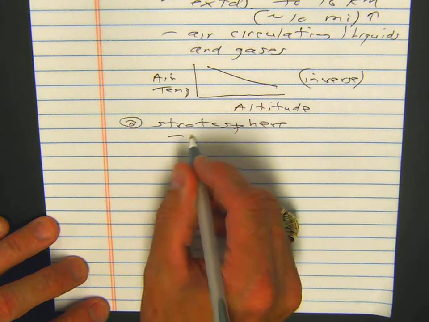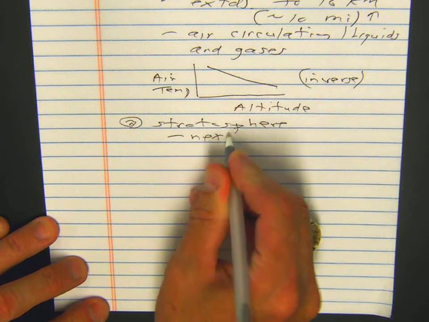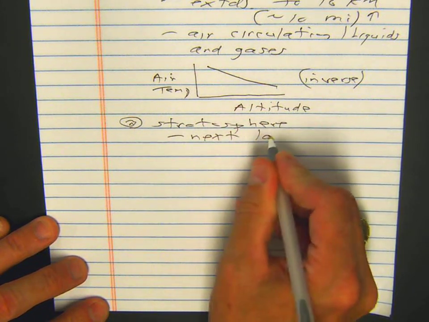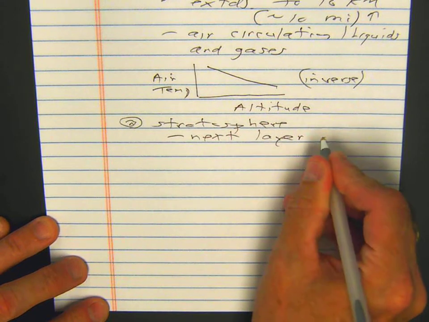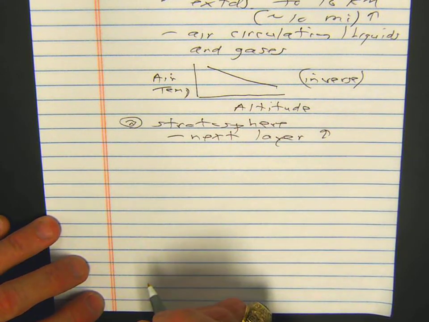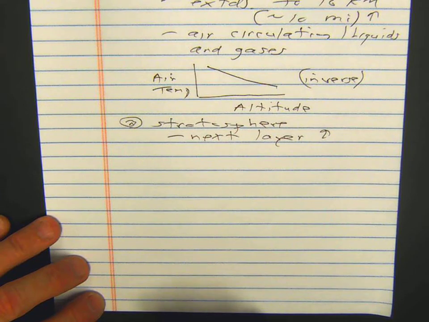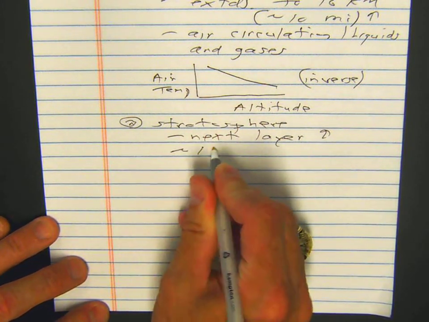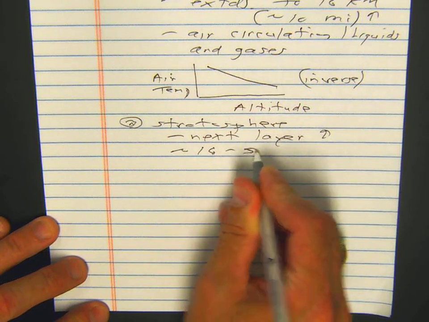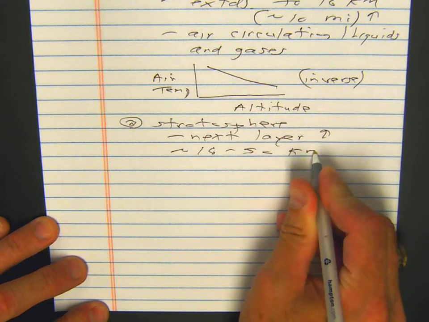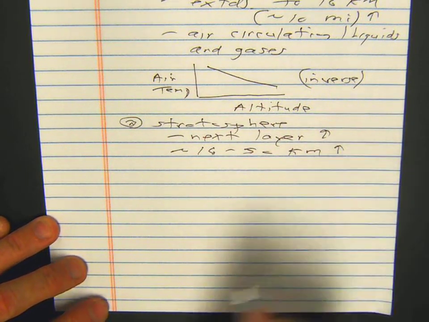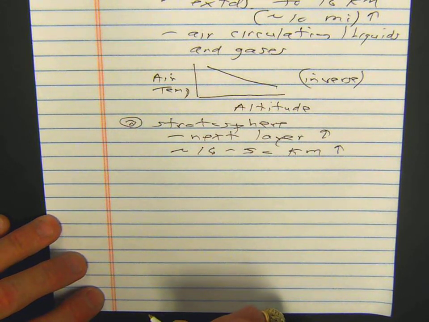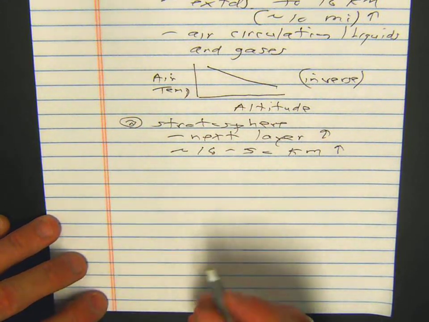This is the next layer up. The stratosphere goes from roughly 16 to 50 kilometers, above the weather layer, I should say.